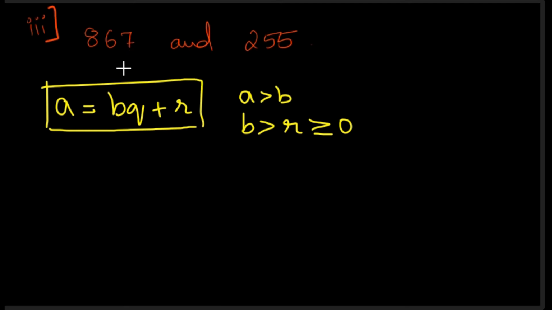Now, between the numbers 867 and 255, 867 is greater than 255. Therefore, this is your A, this is your B.